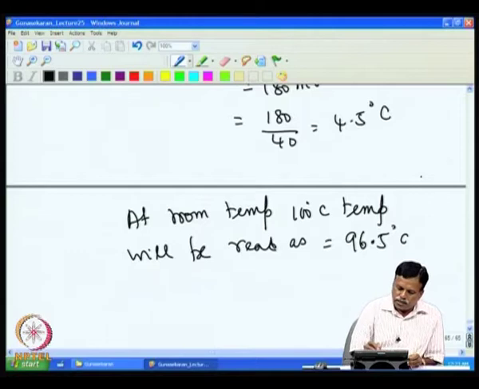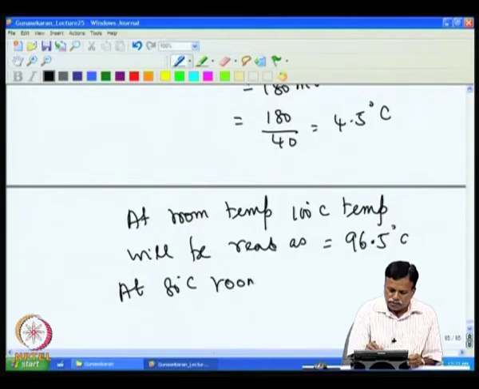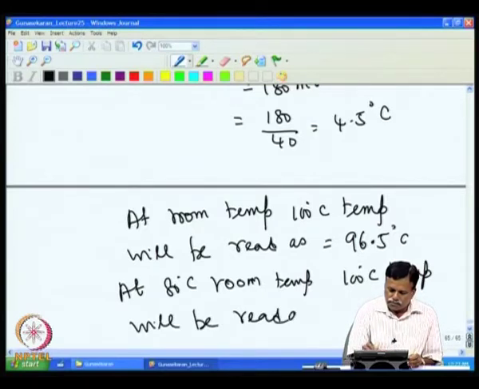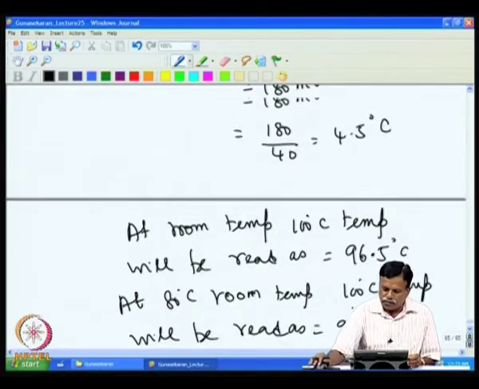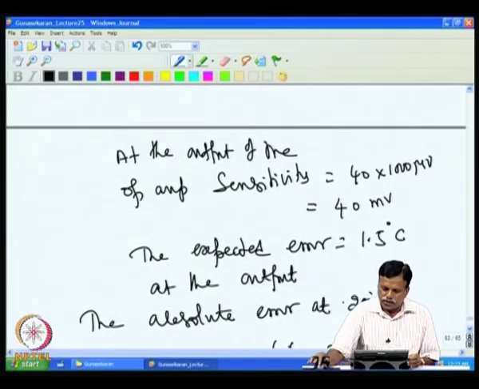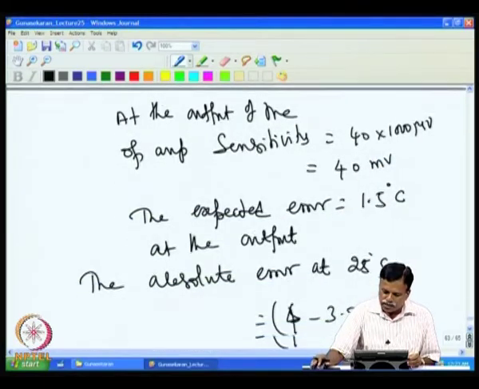At 80 degree C room temperature, the 100 degree C temperature of the thermocouple will be read as, 1.5 degree will be added up, actually you will have 3 degree error. So, 100 will be 3 degree away.